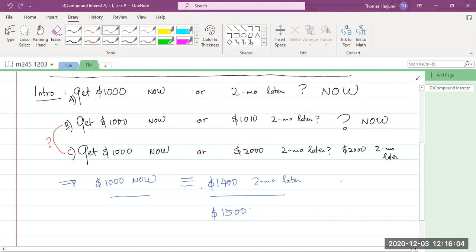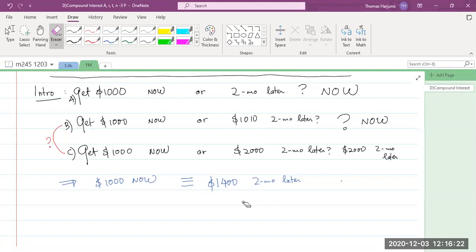So basically you are saying implicitly, in your mind, that $1,000 right now is equivalent to $1,400 2 months later. So you see the time value of money? Do you see what I'm trying to say? The time value of money, right?